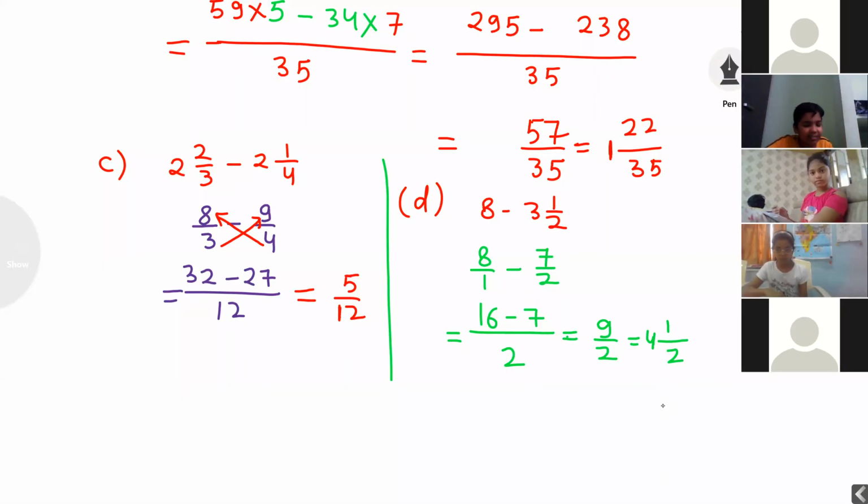Note down, everyone, firstly. First key heading: multiplication of fractions.